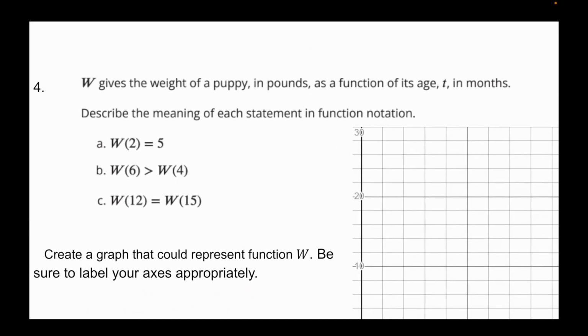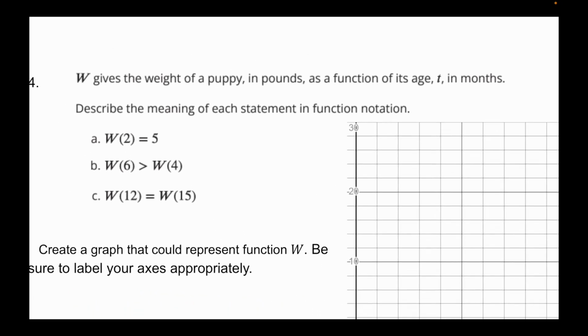Let's describe that statement. So weight and months. Our input value is what's inside the parentheses. So this says, essentially, the weight at 2 months is 5. I always like to think of an equal sign being the word is.